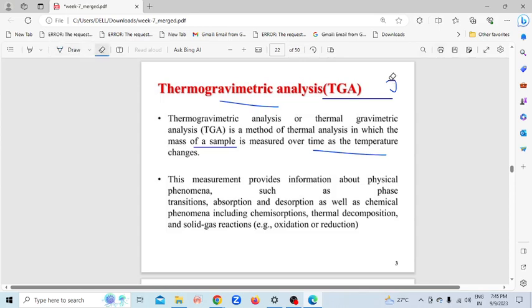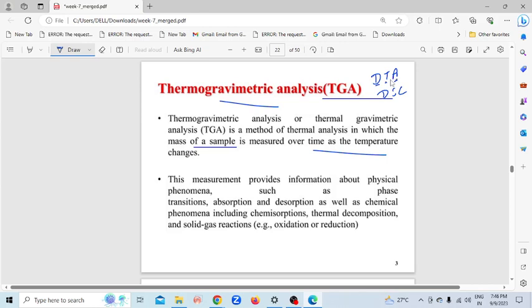I am writing all this here. First TGA is already written, then DTA. Is it clear what DTA is? Differential thermal analysis. Then DSC. I will explain one by one.